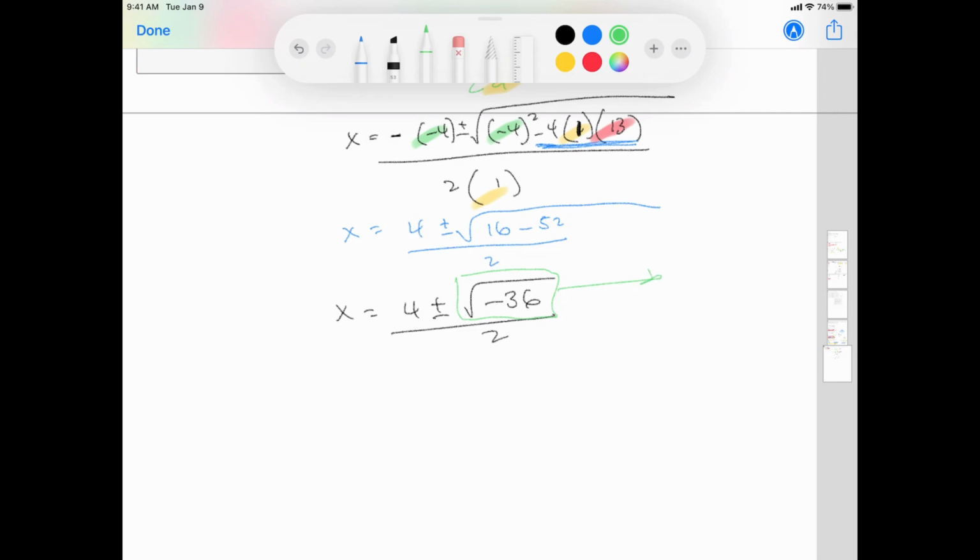I'm going to simplify the square root of negative 36 here. This is the square root of negative 1 times the square root of 36. The square root of negative 1 is equal to i. And the square root of 36, two identical numbers that multiply to 36, is 6. So there in green is just 6i.